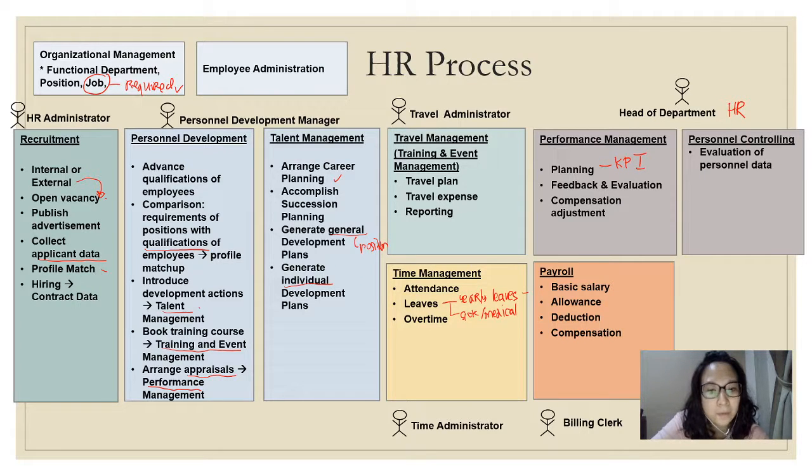For example, if you take unpaid leave, that means you take a holiday and you will not get a salary from the company, so it goes to deduction. But overtime goes to allowance, because it adds to the salary.